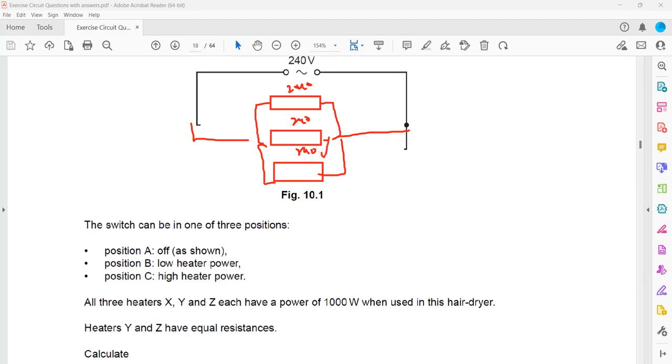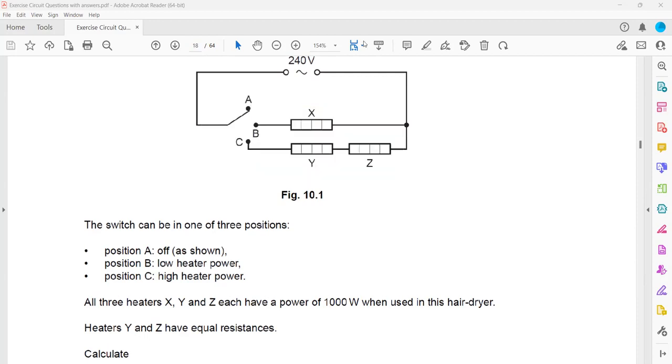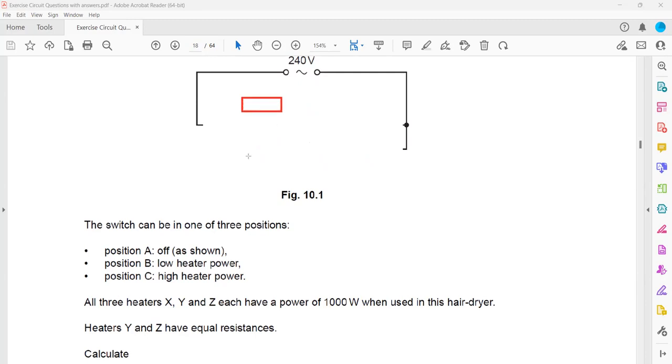There is also another possibility, that two of them might be in parallel and one in series, because a circuit may have different combinations. In that case, the two parallel ones will not have 240.